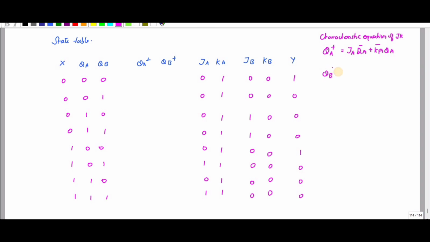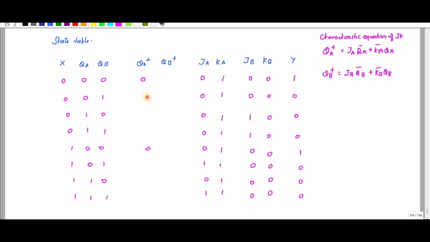Likewise, QB plus is equal to JB QB bar plus KB bar QB. So substitute this. For this one QA is 0, JA is 0, so it is 0. When both QA and JA are 0, the output is 0.